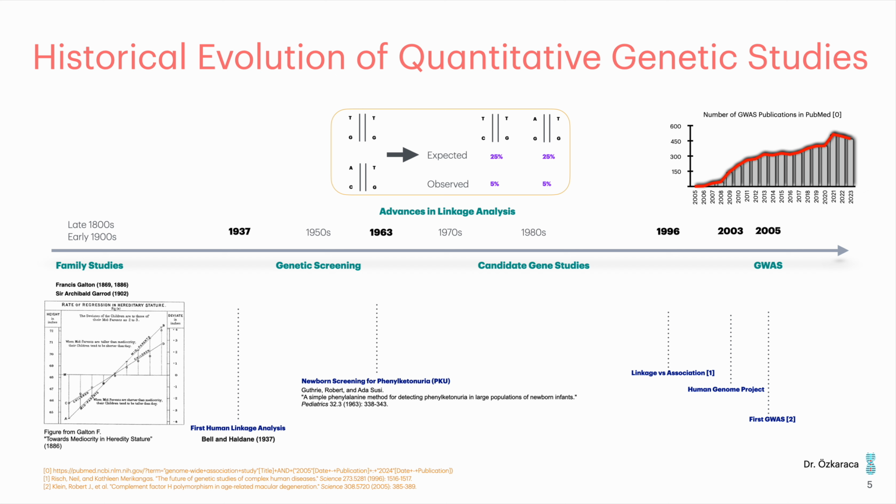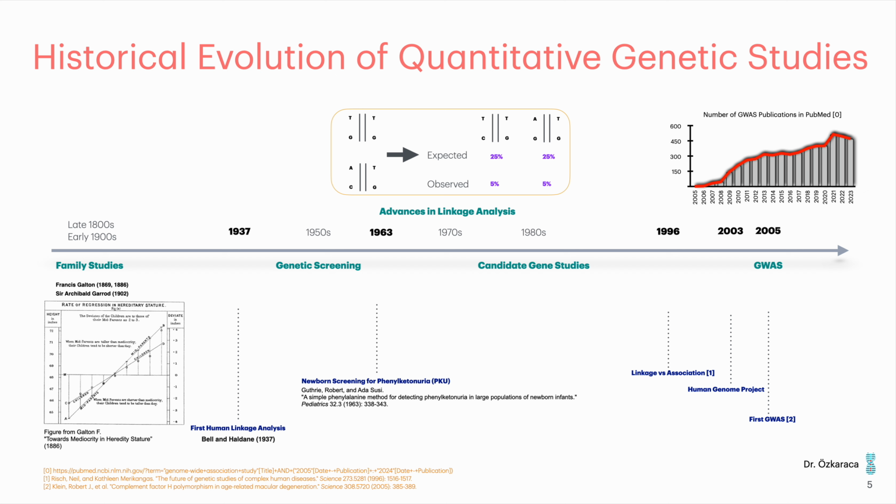Moving forward, in the mid-20th century, we saw many major breakthroughs. In the 1950s and 1960s, genetic screening emerged as a powerful tool. For example, Robert Guthrie developed a simple test for phenylketonuria in 1963, which allows early detection.